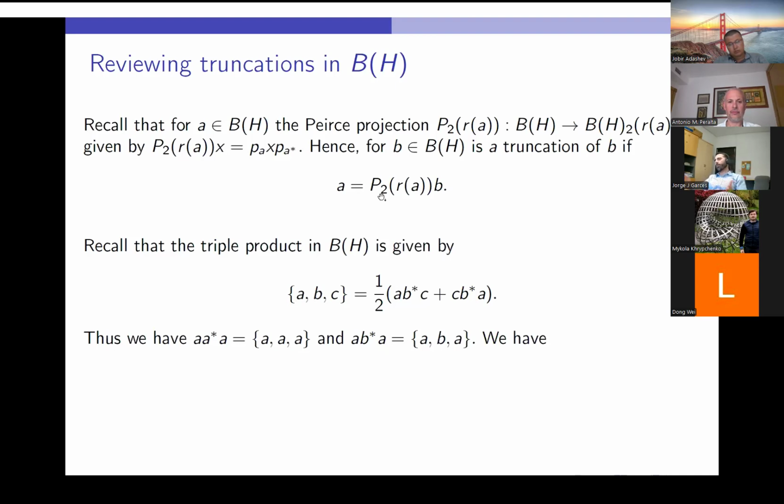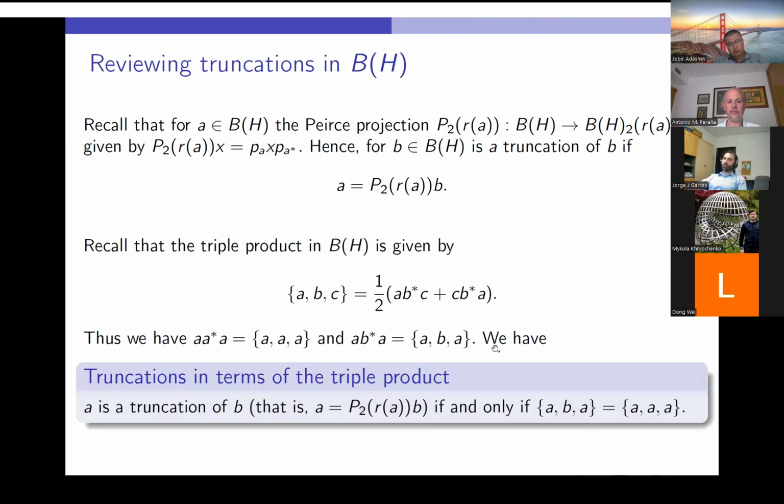And also the Pierce projection can be written in terms of the triple product. So we can reformulate everything and say that A is a truncation of B, which now means this here in terms of the Pierce projection, if and only if these two triple products coincide. So now everything is given in terms of the triple product, and this will allow us to define truncations in a J-star triple.